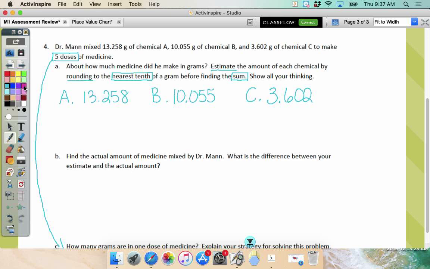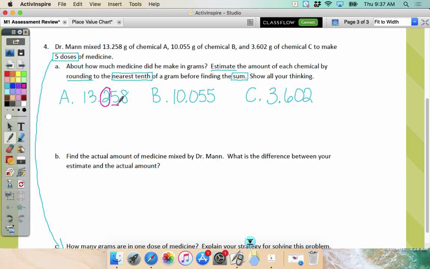Now, what's the first thing we need to do here? We can't add yet because it says estimate the amount of each chemical by rounding to the nearest tenth of a gram before finding the sum. We have to round. And if I'm rounding to the nearest tenths place, which digit will I circle? The 2. And I'll underline the 5.